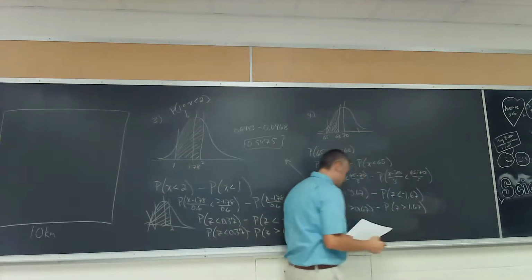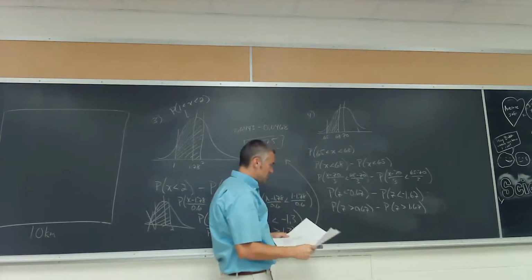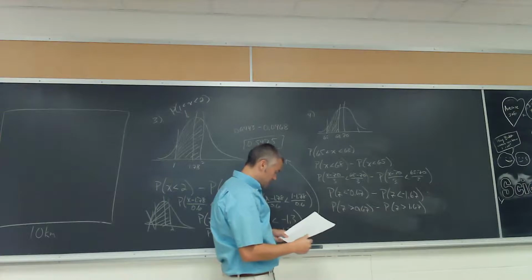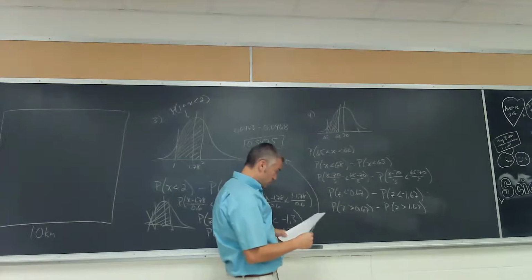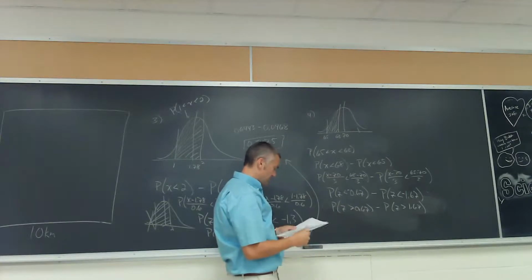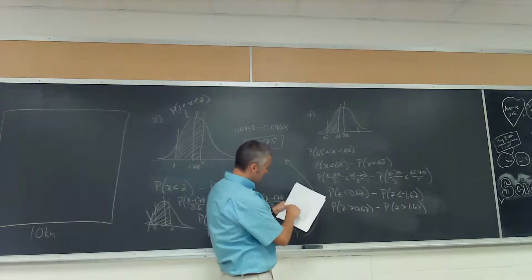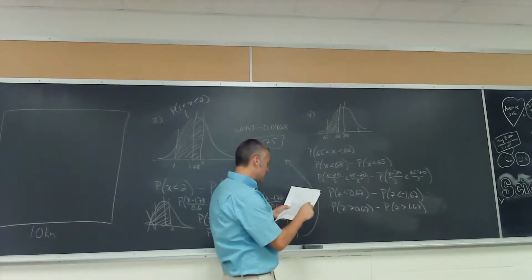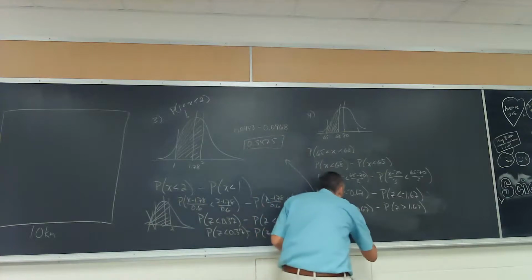So that leads us to the second page. And when we use that second page, we get 0.67, go down to 0.6, read across 0.7, and I get 0.2514.